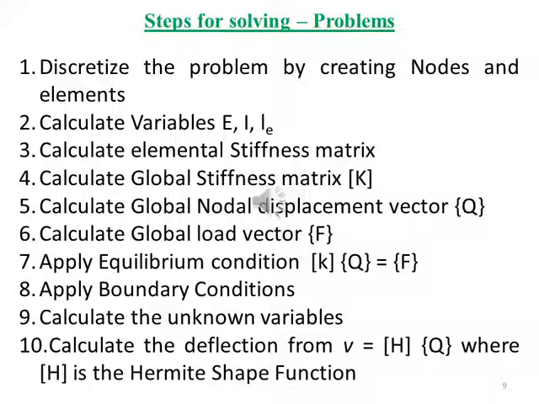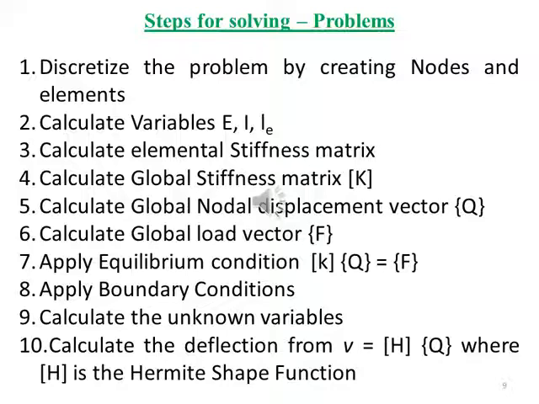Next step is to calculate the global nodal displacement vector Q, which is nothing but mu1, theta 1, mu2, theta 2. Then calculate the global load vector F, or the force vector. So F1, F2, F3, F4 is to be calculated.